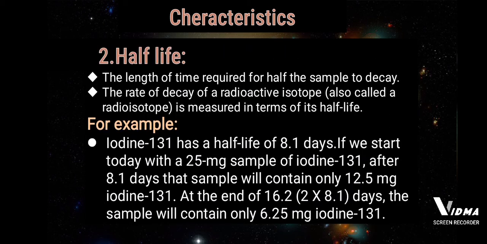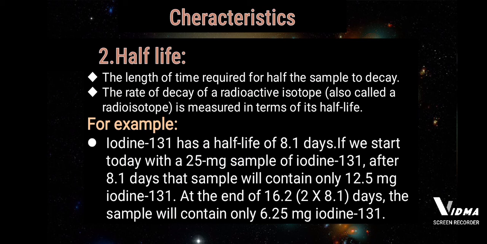The second characteristic is the half-life. In nuclear reactions, half-life plays a very important role in determining the time to use the radioactive material, because it needs to stay active long enough to treat the condition. A radioactive sample is safe when its radioactivity has dropped below the detection limits, which occurs at 10 half-lives or so.